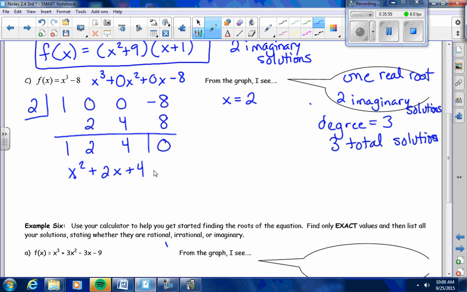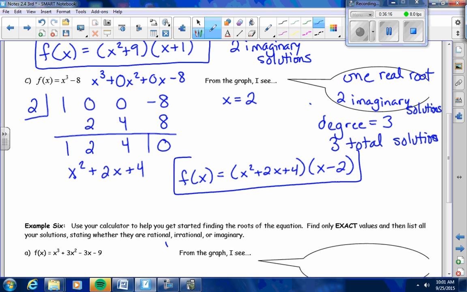So now we write this in factored form. F of x equals x squared plus 2x plus 4. And what's my other factor? X minus 2. Because that comes from the actual 0, the actual root that we saw from the graph.